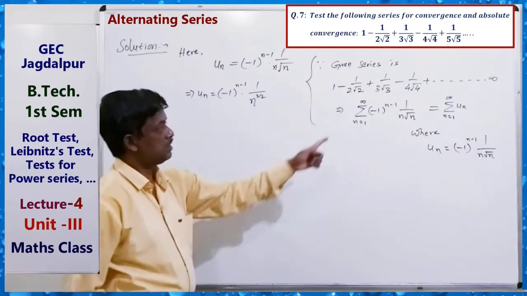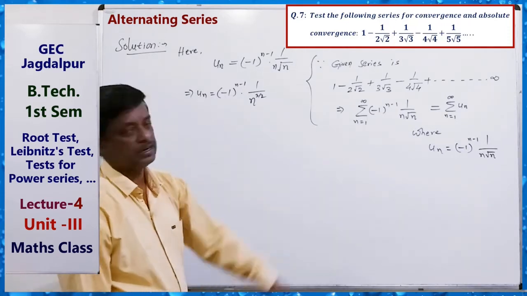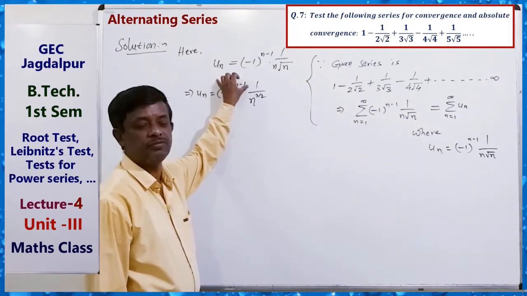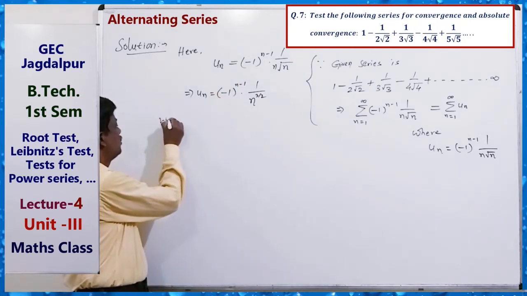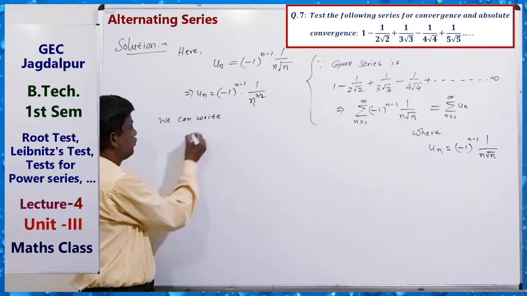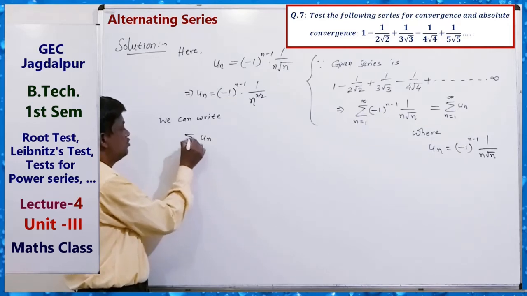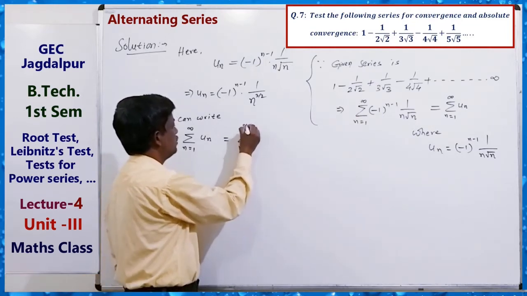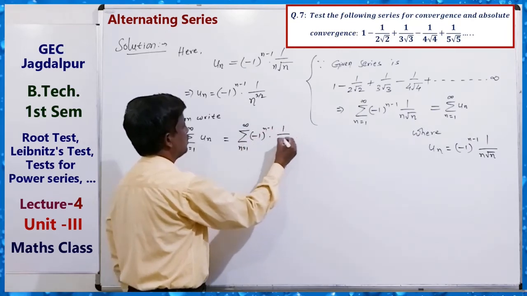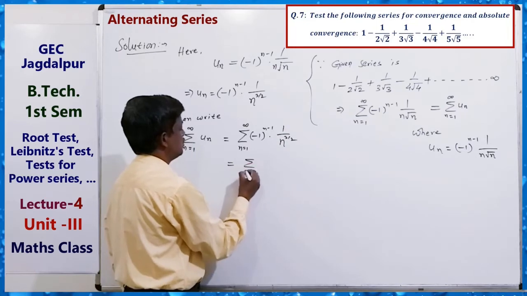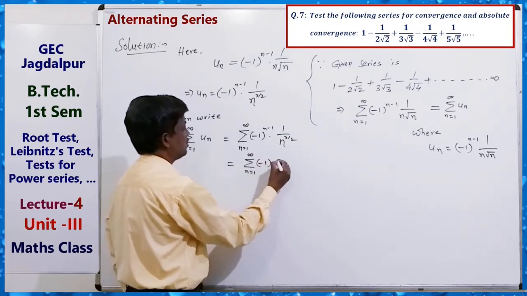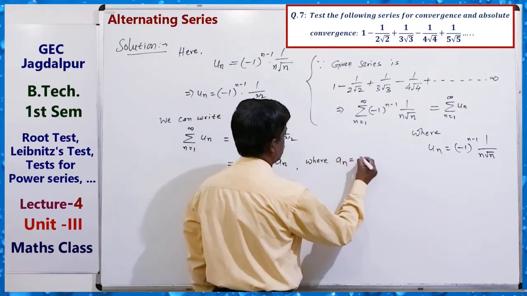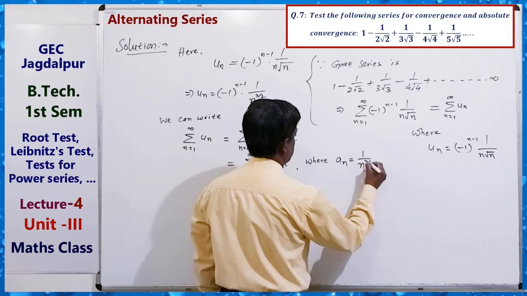For testing the conditions of the Leibniz test, we can write the sum of un, n equals 1 to infinity, as the sum of (-1)^(n-1) into 1 upon n to the power 3 by 2, where an equals 1 upon n to the power 3 by 2.